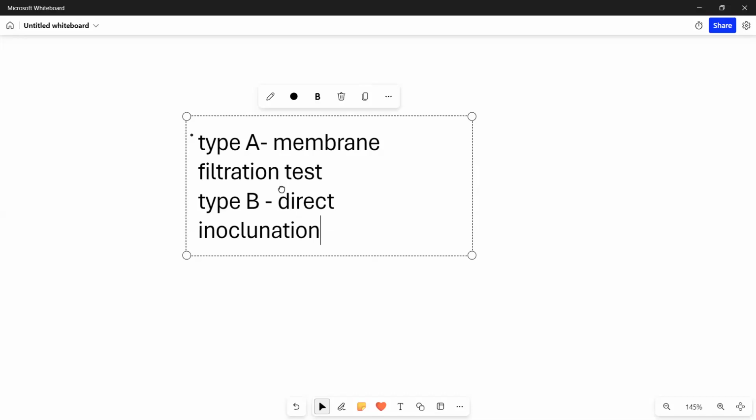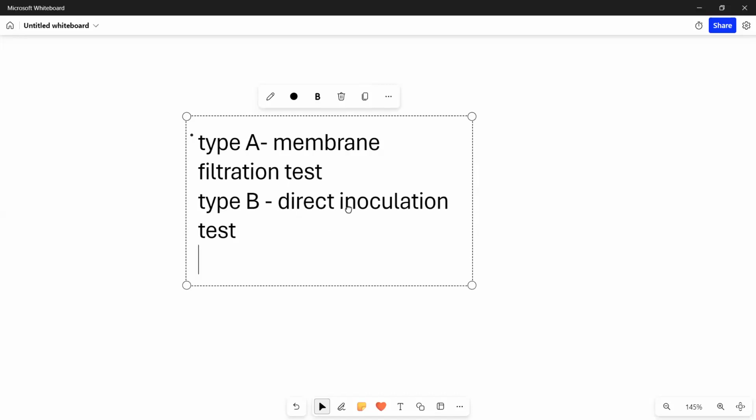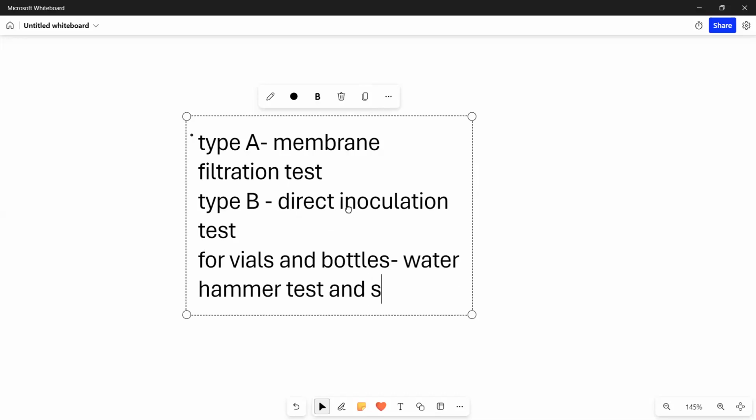For vials and bottles, the other tests used are the water hammer test and the spark test, which are used for testing integrity.